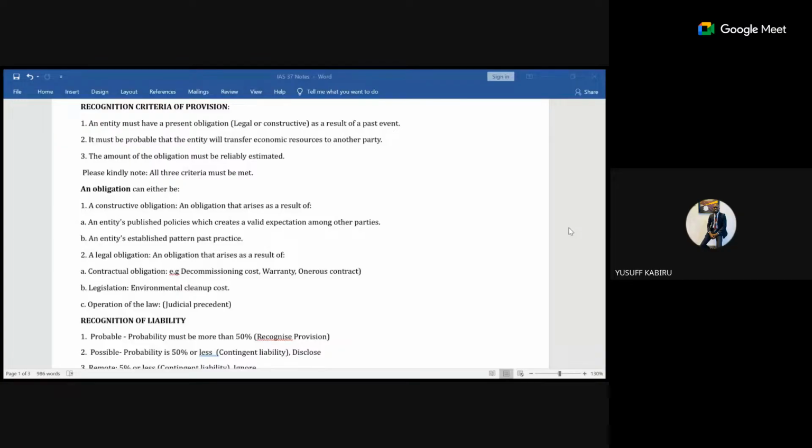Provision, as I've said earlier, is like a key device which IASB introduced to make sure the financial statement is presented fairly and shows a true and fair view. So the recognition criteria of provision is very, very key. That is the reason why the three recognition criteria of provision must be met before you can recognize it. It must be met.